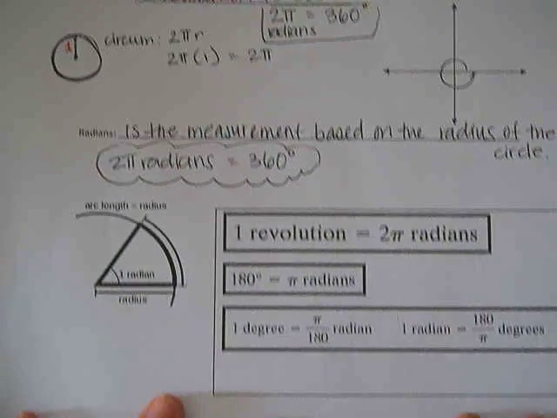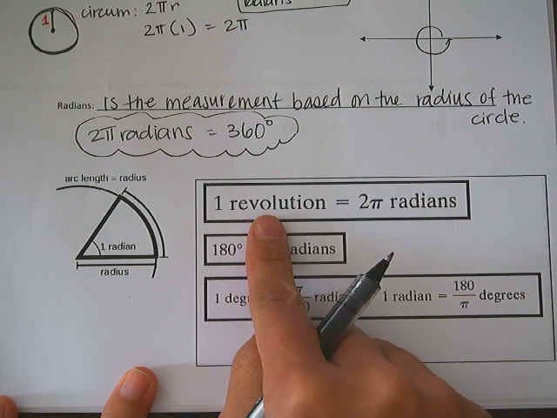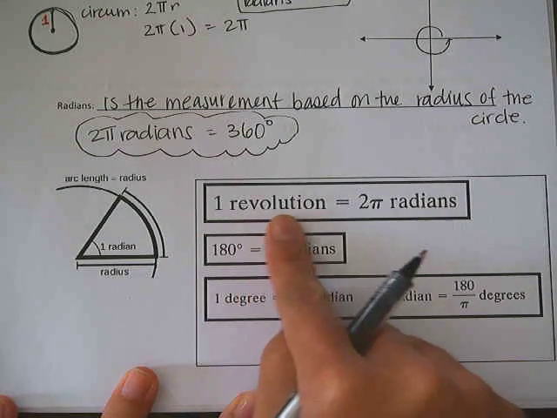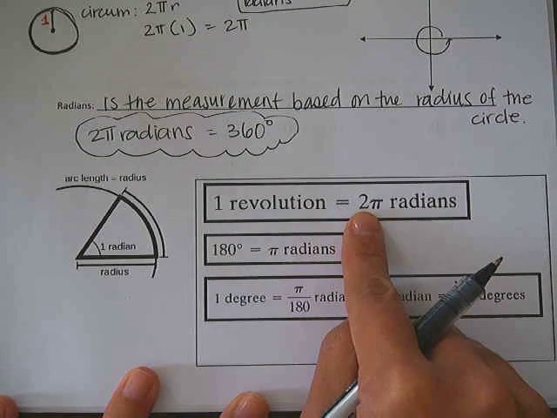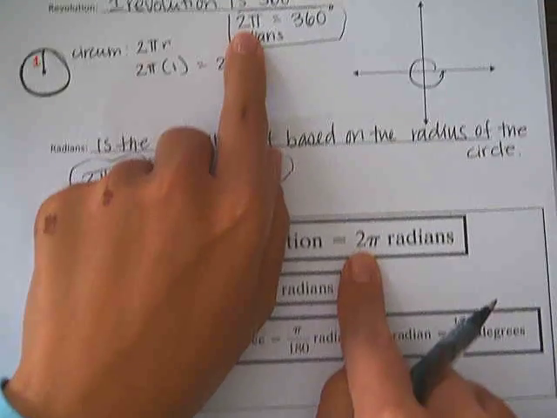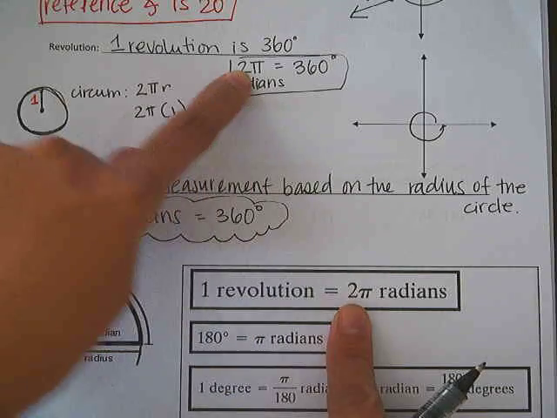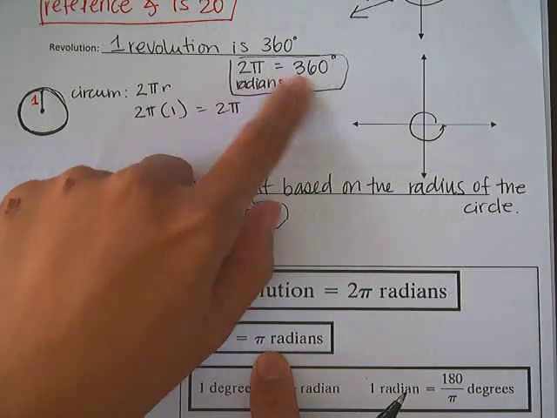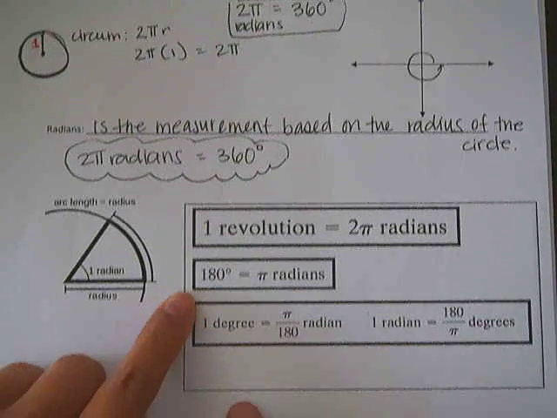So in this box right here, I spell it out for you: 1 revolution equals 360 degrees equals 2 pi radians. That means if I divide both sides by 2, this gives me pi radians, and this gives me 180 degrees, okay?